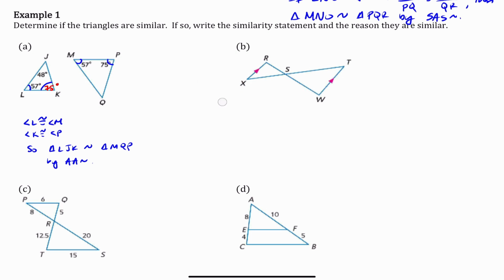So that means that angle R is congruent to angle W, and angle X is congruent to angle T. And we know that these angles here are congruent by vertical angles, but this is enough information to tell me that these two triangles are similar because of the angle-angle similarity theorem. So we can say that triangle XRS is similar to triangle TWS by the angle-angle similarity.